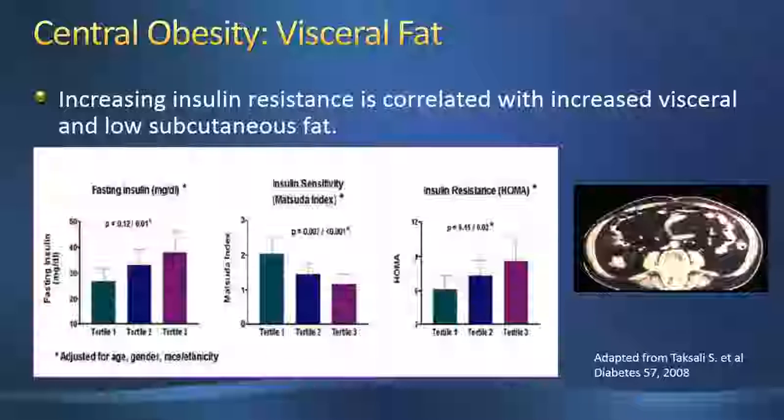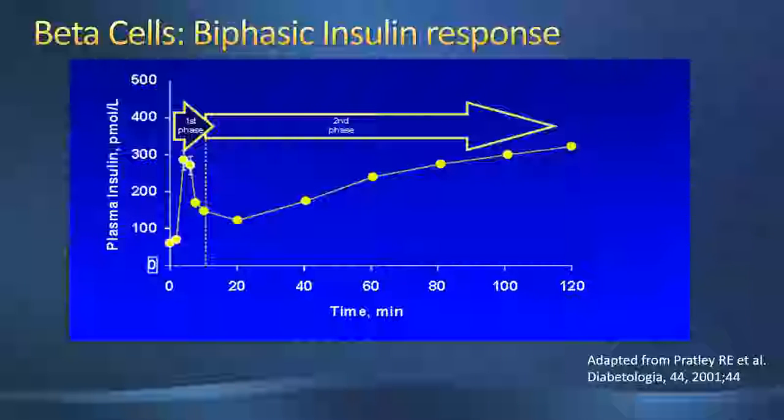This is just a cross-section showing what happens as visceral fat increases, especially in the abdomen, and the resultant increase in insulin resistance. And this is just showing what the pancreas should normally do when insulin is released.